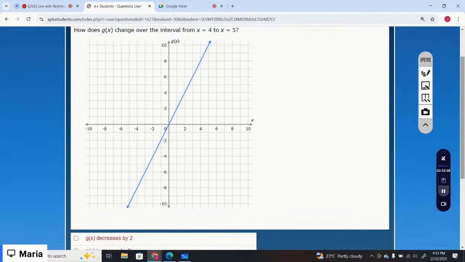How does g of x change over the interval from x equals 4 to x equals 5, which is the correct option?